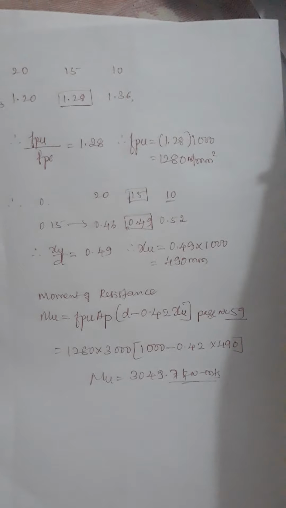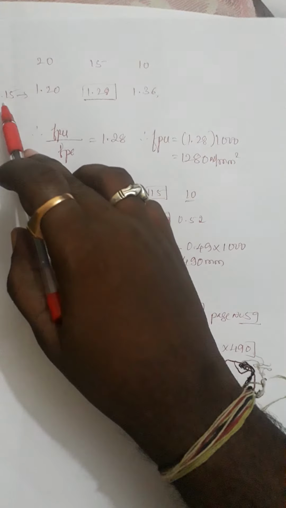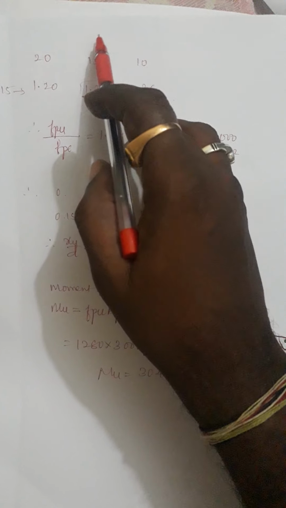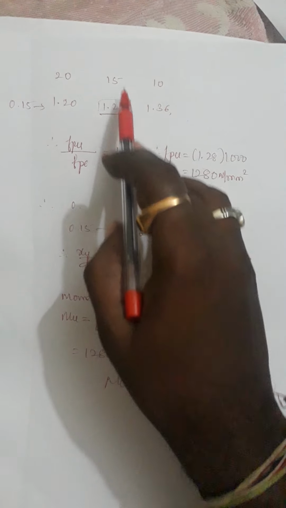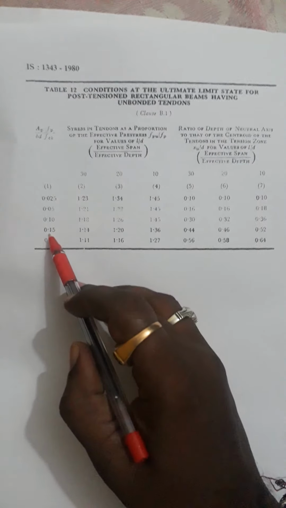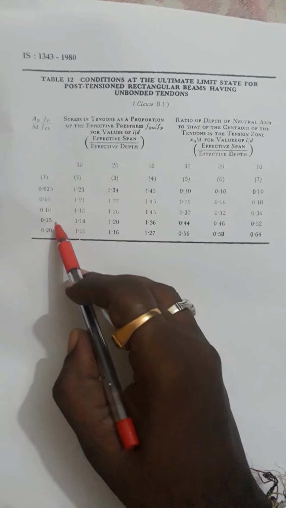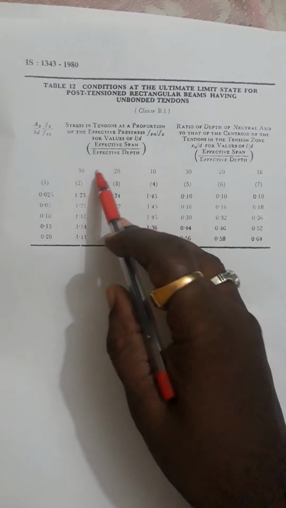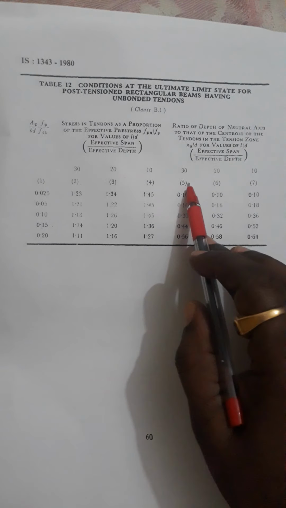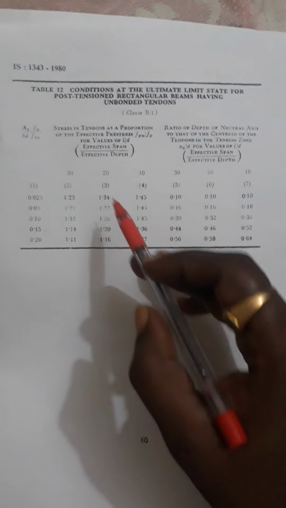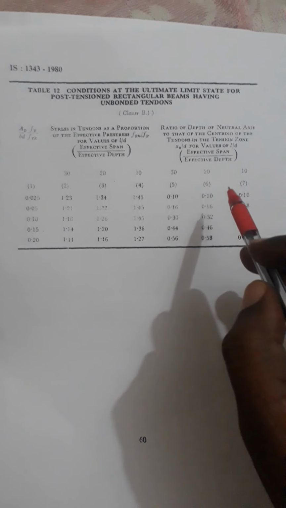So from the table, we have 0.15 for the reinforcement ratio. In both parts of the table we have 10, 20, 30 meters, but we are not having the value for 15 meters.